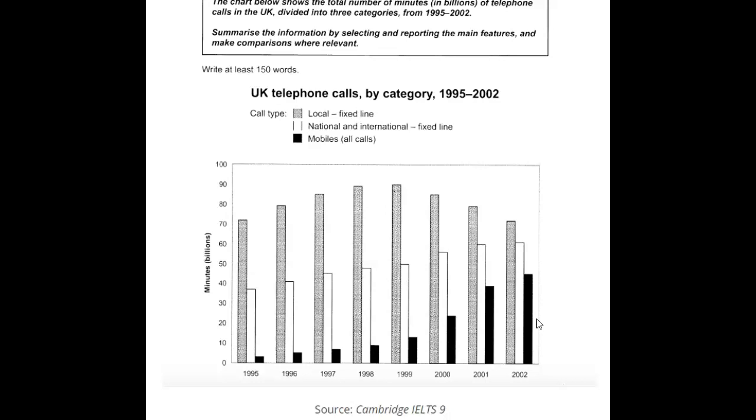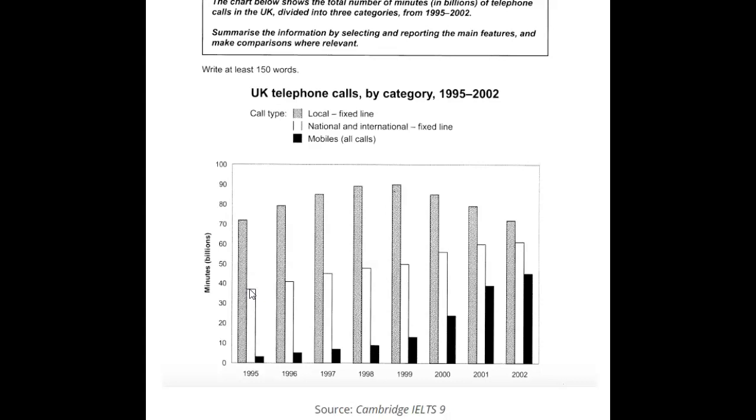So we use language like eightfold increase. Another thing you could say here, especially here at the beginning, when you were talking about the national and international lines, is you could say that national and international minutes were just under 40.